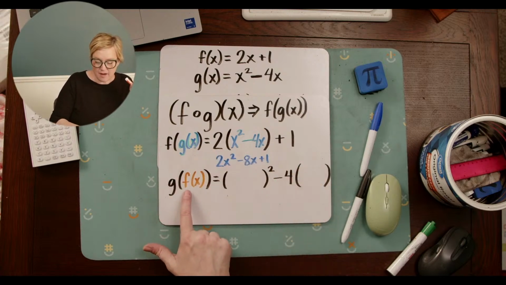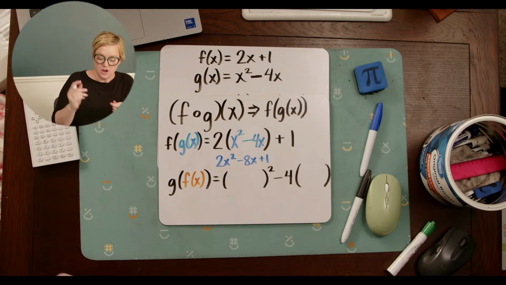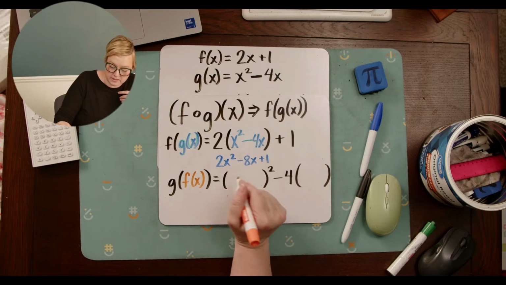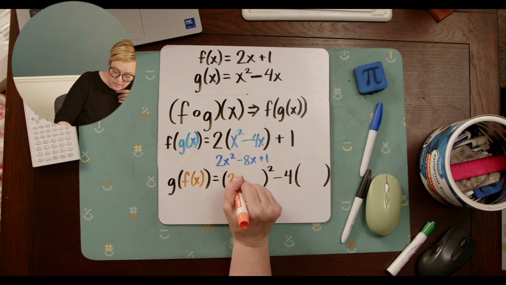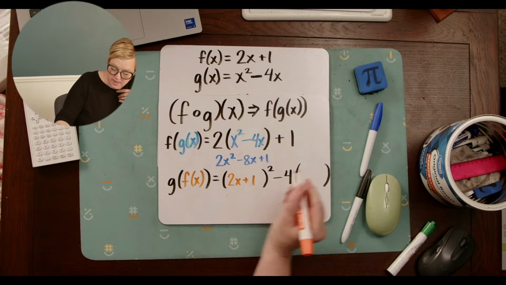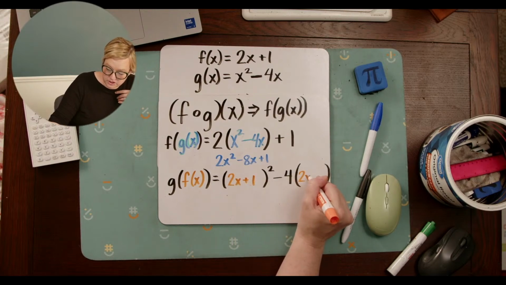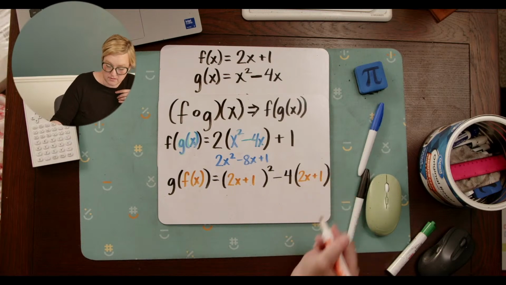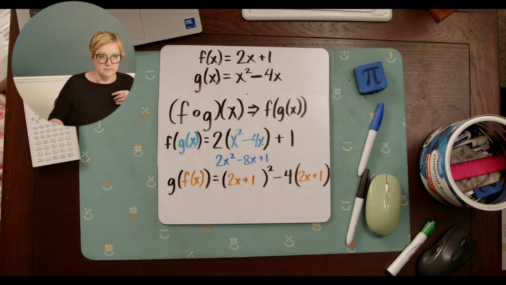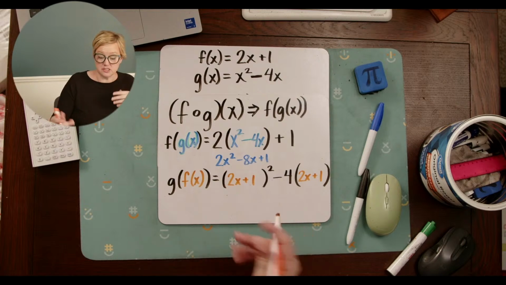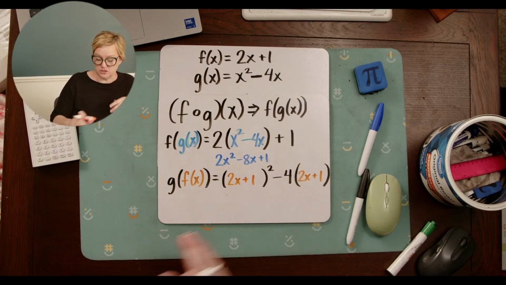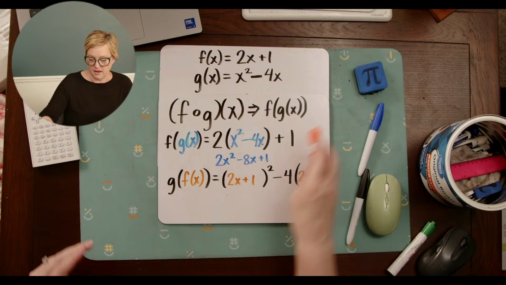But in this case, it's f of x that's being substituted in. So f of x is 2x plus 1. So this is going to be 2x plus 1, and this is also going to be 2x plus 1. Nothing changes. Whatever's in here, I'm substituting those in.